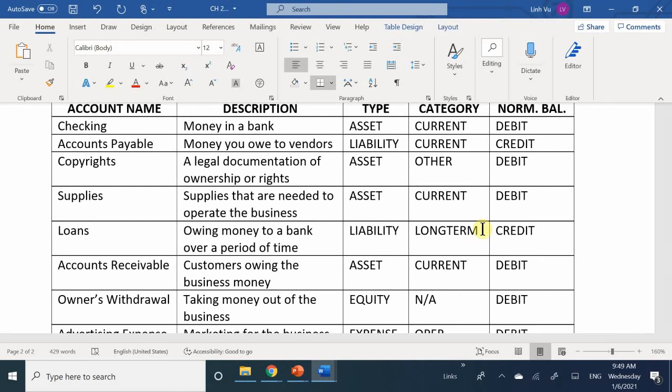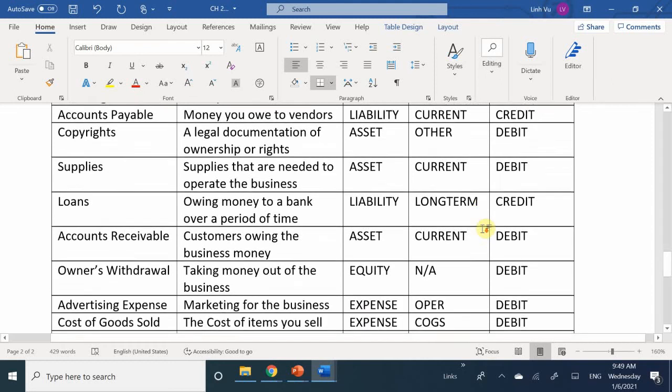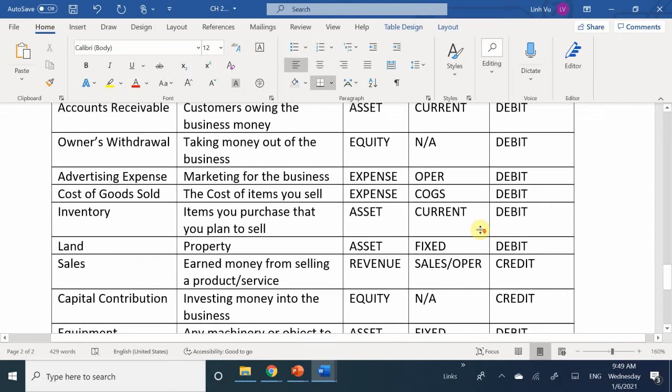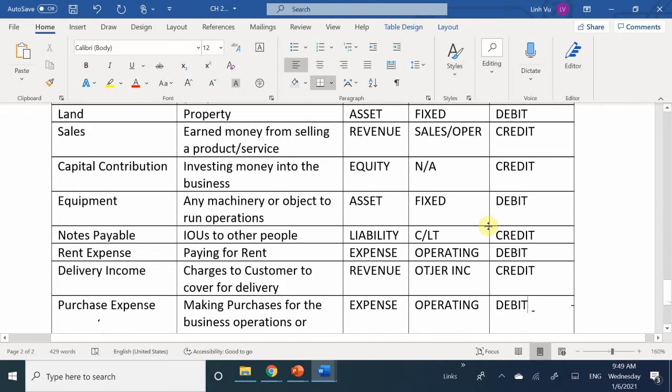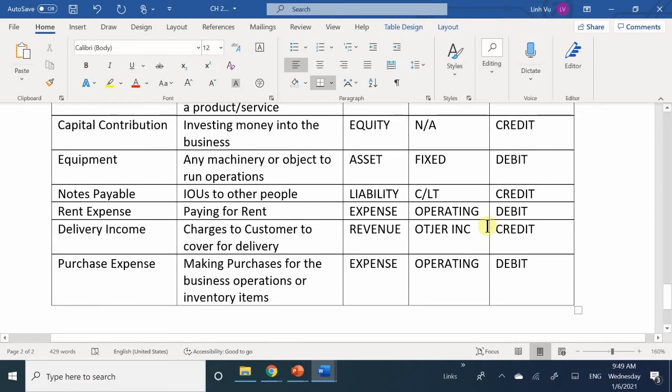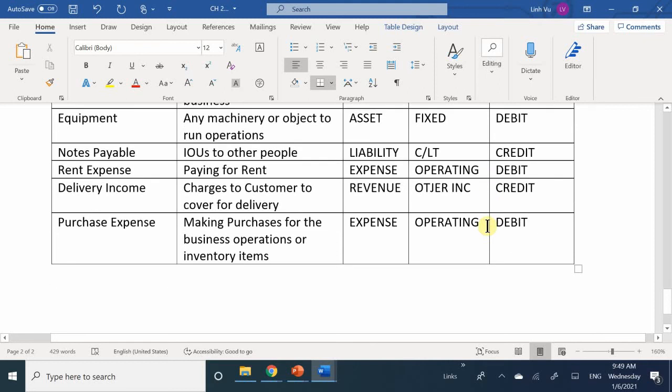Anything that you owe is going to have the word payable behind it, so that's a good key factor. And anything that's an expense would typically have the word expense behind it. That's a fun study tactic, an easy way to recognize each account.